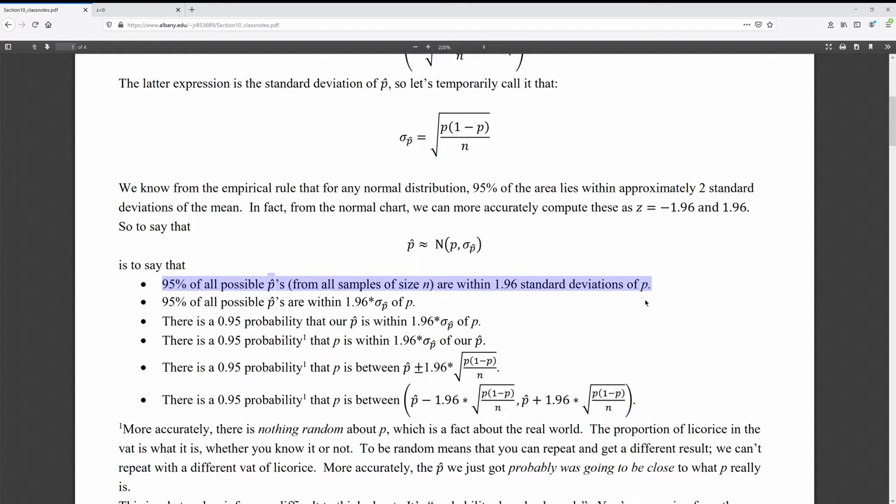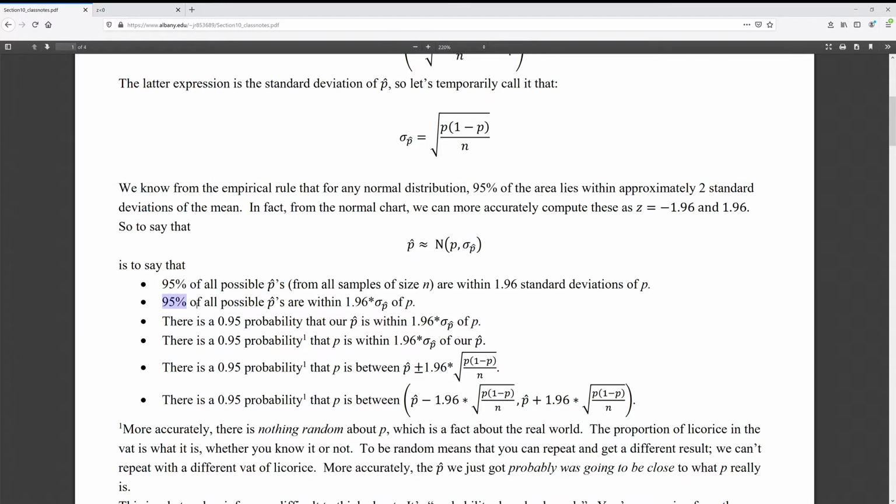And z, remember, is a number of standard deviations. So 95% of all possible, whatever the random guy is, are within 1.96 standard deviations of where it's centered. So this is just our basic understanding from section 3 translated for this notation. Well, what do I mean by a standard deviation? I mean the standard deviation of the guy in question, which we're abbreviating sigma of p hat.